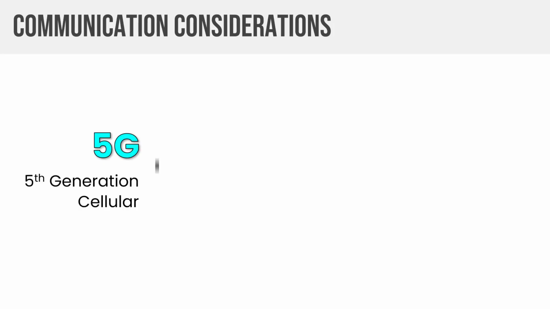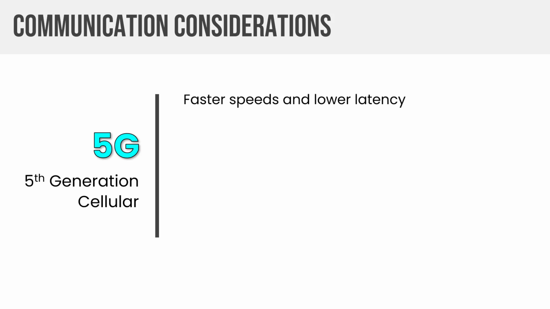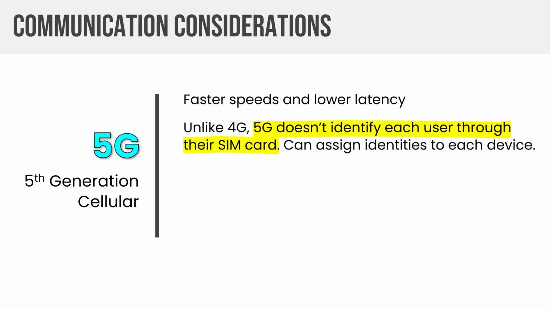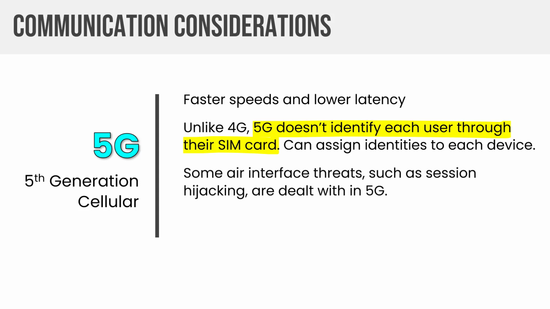So let's touch on communication considerations. We'll start with 5G, fifth generation cellular. Unlike 4G, we have faster speeds, lower latency, and 5G doesn't identify each user through their SIM card. They can assign identities to each device. Some air interface threats, such as session hijacking, are dealt with in 5G.